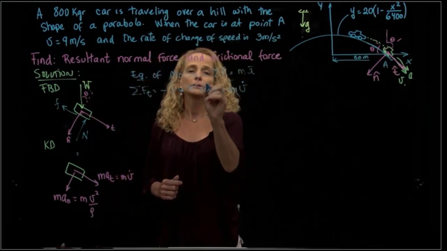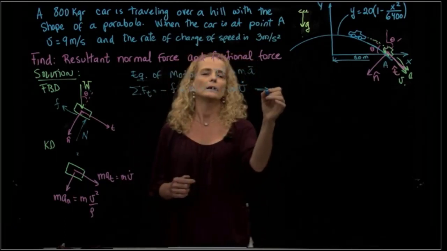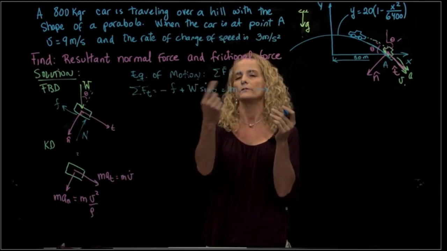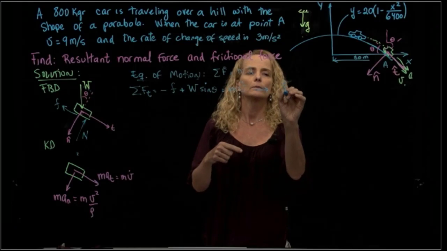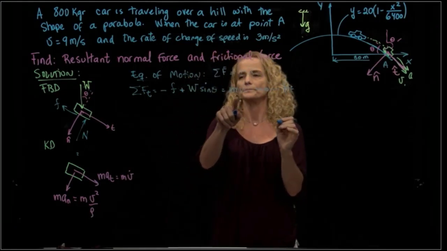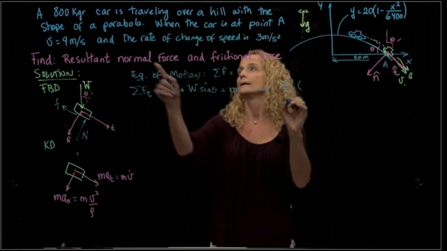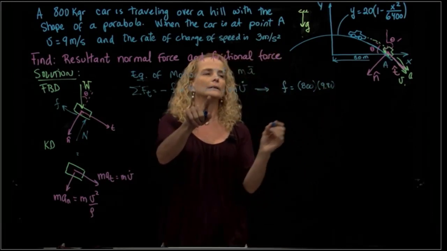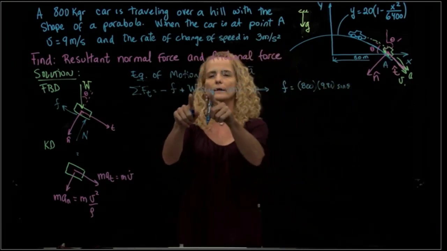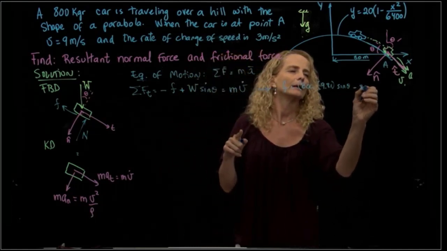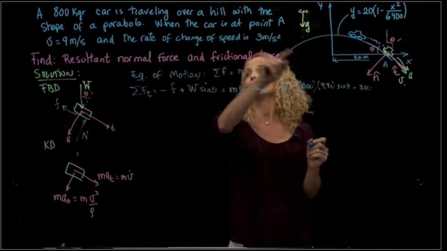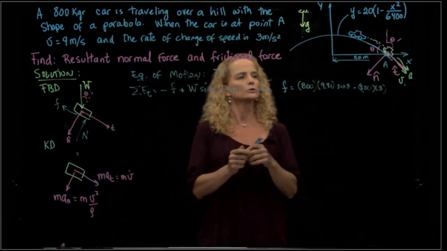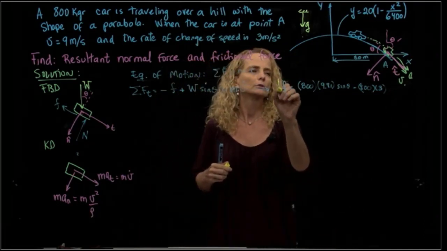So this is my first equation, and what I want to find is the frictional force. So let me solve for the frictional force first. The frictional force will be equal to the weight, which is 800 times 9.81 sine of theta, minus 800 times the rate of change of speed, which is 3 meters per second squared. Let's name this equation number 1.